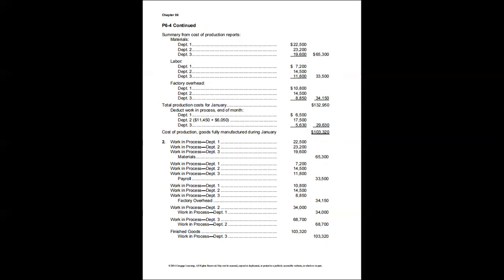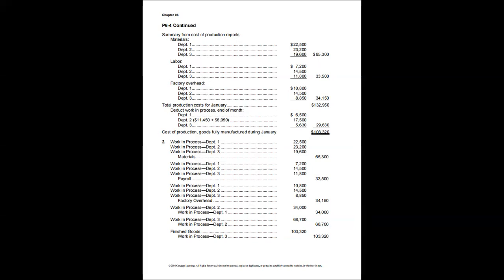Work in process in department 2, credit to work in process in department 1. Finally, debit work in process in department 3, and credit work in process in department 2. Last entry, so debit finished goods for 103,320. Now we have the final amount here, and credit to work in process in department 3.